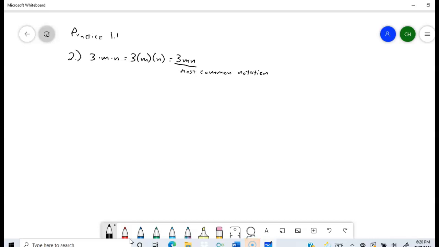Okay, let's pick one out that's got a little more to it. Let's look at number 6. We've got 1/5 times x squared times y. Okay, this is one way to write a correct answer. The most common would be just 1/5 x squared y.